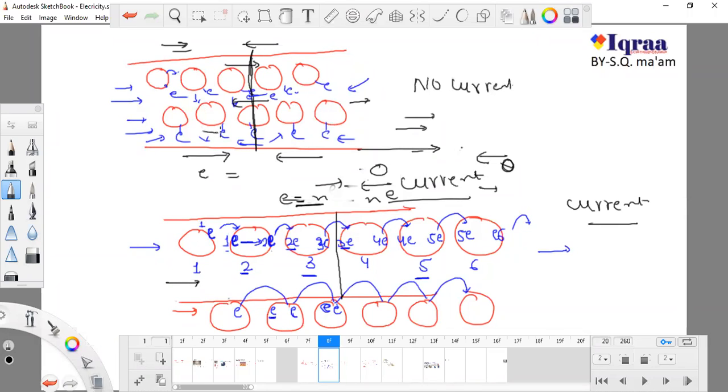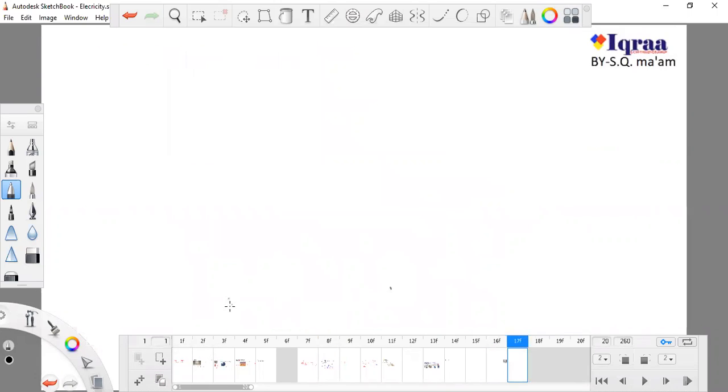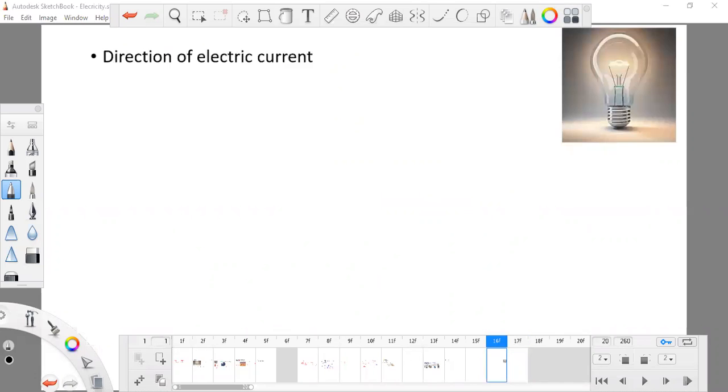They can move here to here and they can move here to here, but in this direction they are moving. Only then they have acquired a single direction or single place to move. This is known as current. Okay, now again I'm going to tell you about two things, that there are two types of charges.